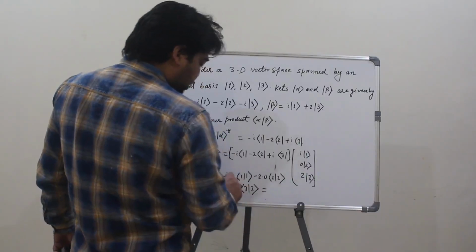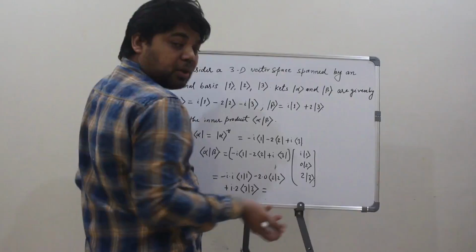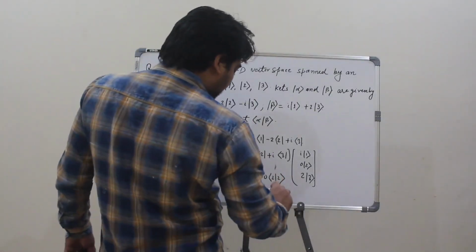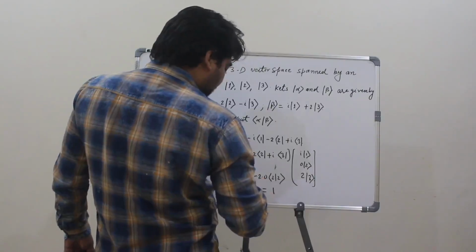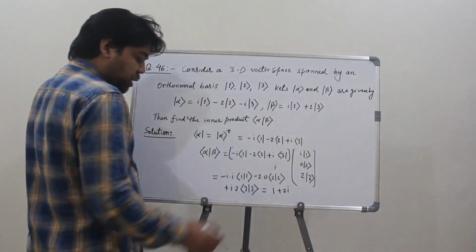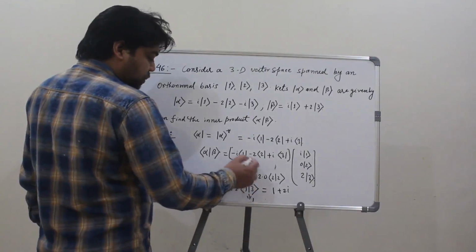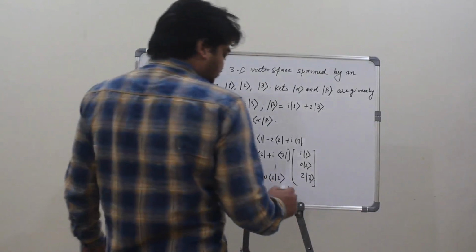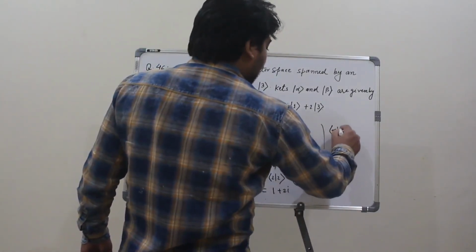So what does it give you? i times i is i squared, which is minus 1, and with the minus it gives you plus 1, and this gives you 0, and this gives you 2i. So this gives you 1 plus 2i, as these are orthonormal states, remember that, <1|1> is 1. So 1 plus 2i is the answer. The inner product of alpha and beta is nothing but 1 plus 2i.